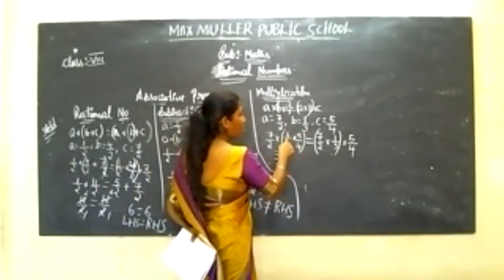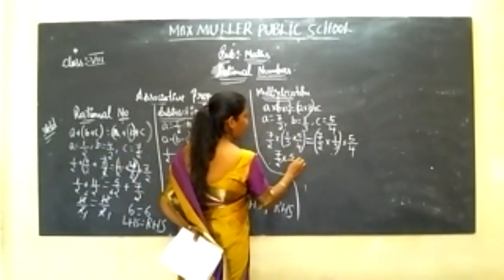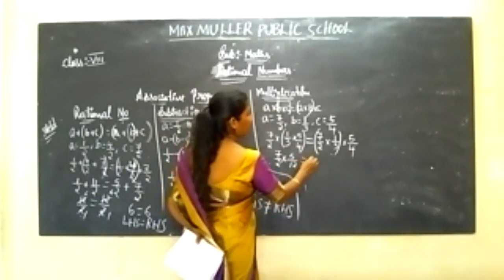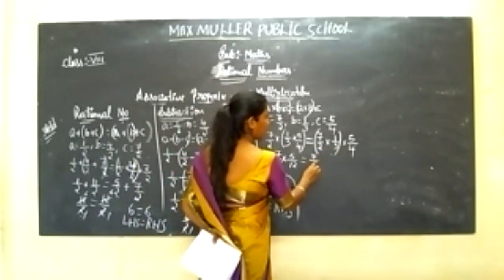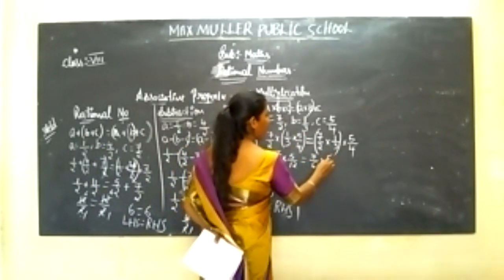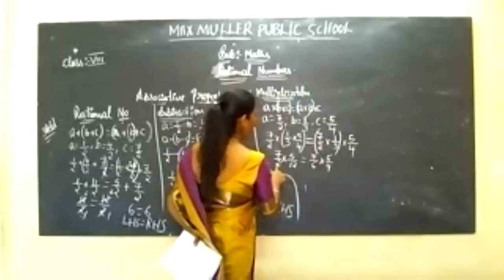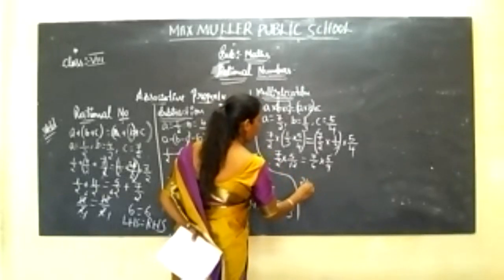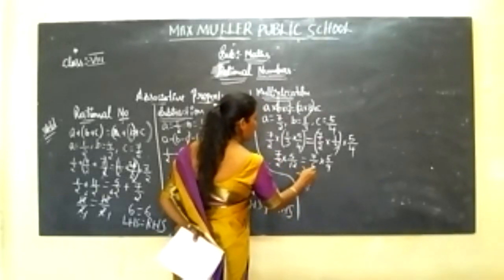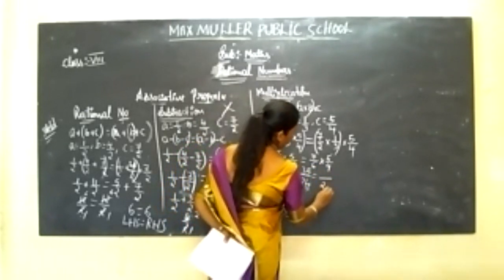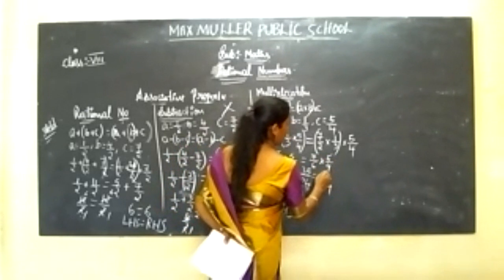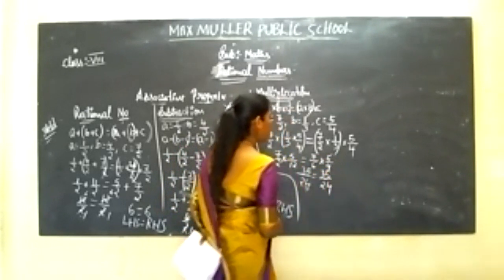So here 5 ones are 5 divided by 3 fours are 12 is equal to 7 ones are 7 divided by 2 threes are 6 into 5 by 4. Now 12 twos are 24, 7 fives are 35, 6 fours are 24, 7 fives are 35.